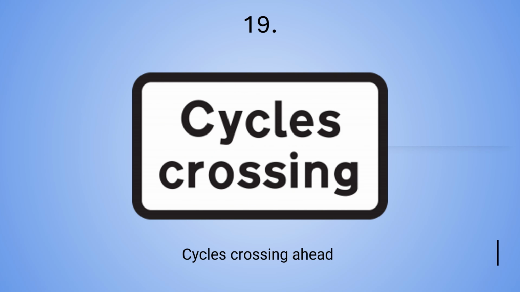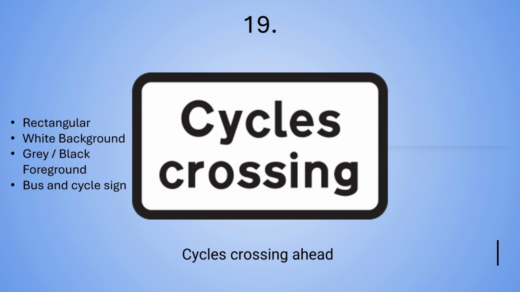Sign number 19 means cycles crossing ahead. This sign is again rectangular with a white background, gray or black foreground, and it's a bus and a cycle sign. And as you can see from this sign, it says on it cycles crossing.